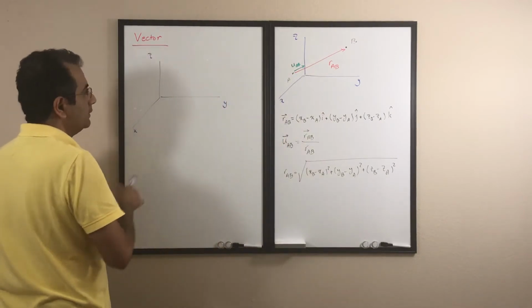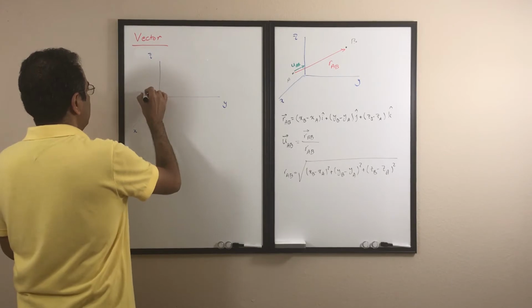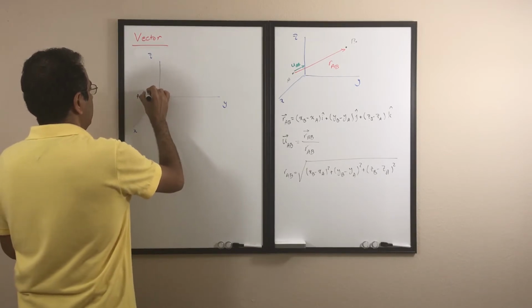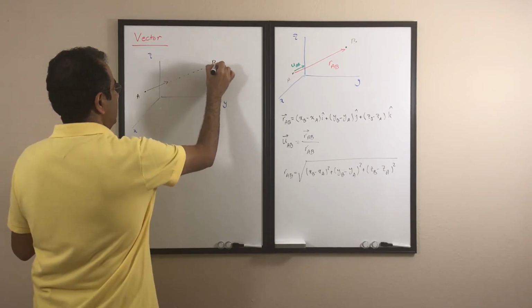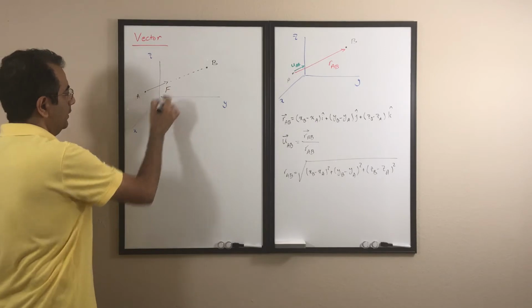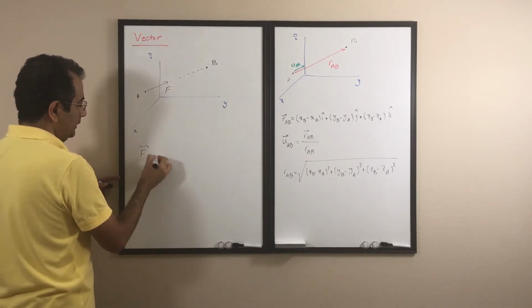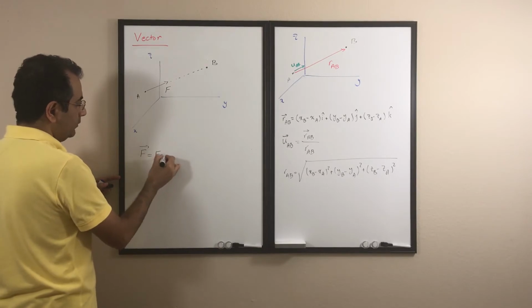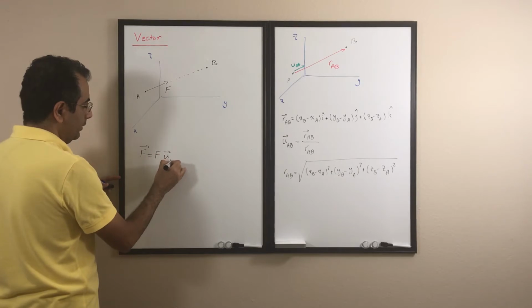So I have this, and I have a force that is along line AB. I want to find that force. The vector of that force is the magnitude of that force times the unit vector of AB.